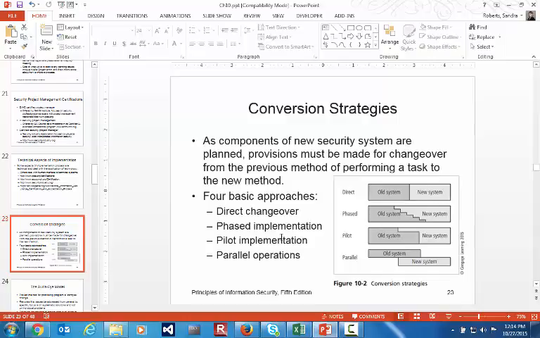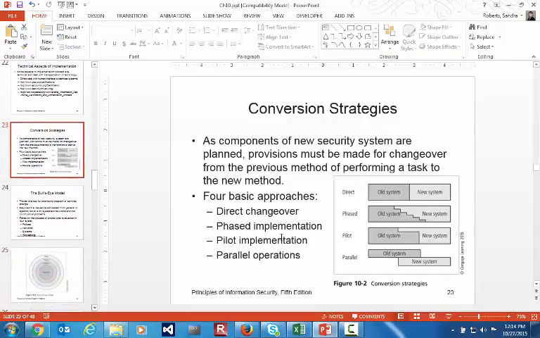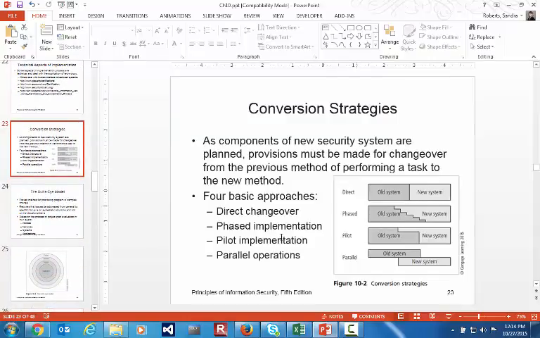That's over on page 517 in your book. All of those components go into building a good policy for putting a huge security project management in place.